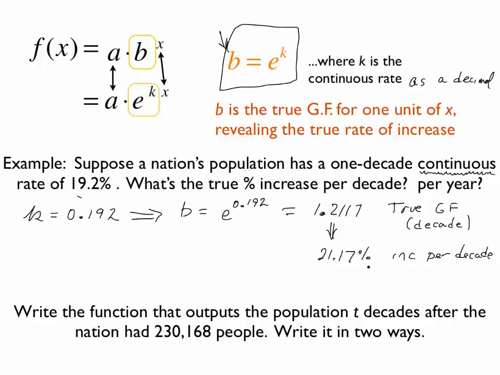Now we've got the percent increase per decade, and we divide by 10 to get the percent increase per year, right? No, percent increase is not directly transferable. What's gonna be the key to getting from decades to years? You're gonna get the 1 year growth factor. So you've got the decade growth factor, find the 1 year growth factor, and that gets you the 1 year percent increase. Do it.